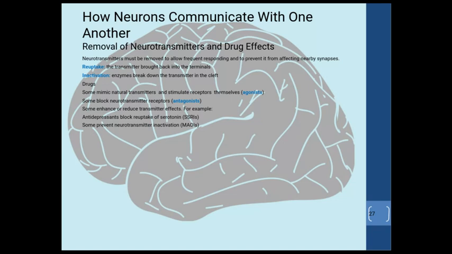So when neurotransmitters are fired into the synapse, we usually have more than we can pick up, and that's just in case. But that may be a problem if we didn't have any way to take care of it. So there are two ways that neurotransmitters are removed from the synapse in order to make everything nice and clear. The first one is called reuptake.